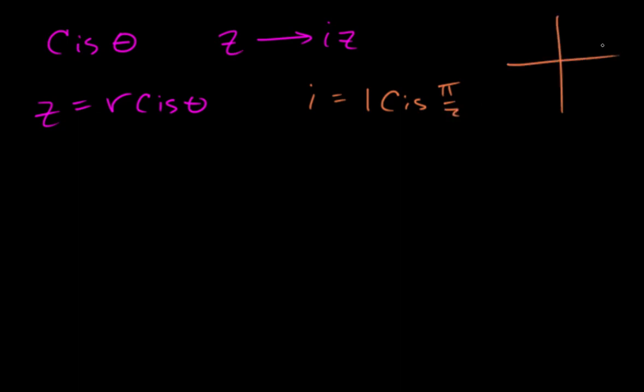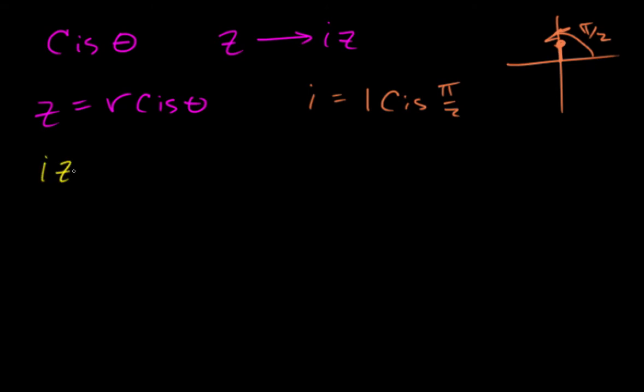Let me explain that. If we're purely imaginary, we're right there, and we know the length of that is 1, so that's where the 1 comes from. We know the rotation is positive pi halves, so that's where all that came from.